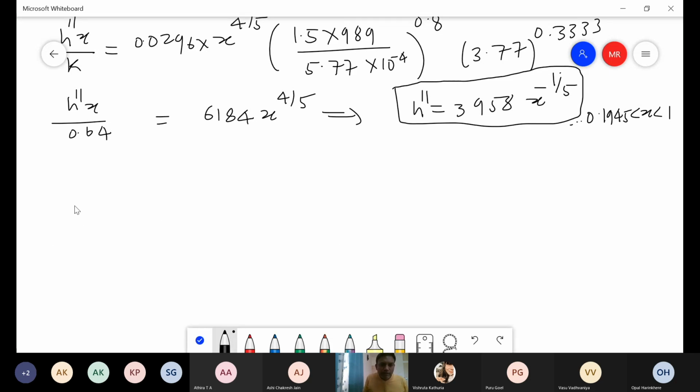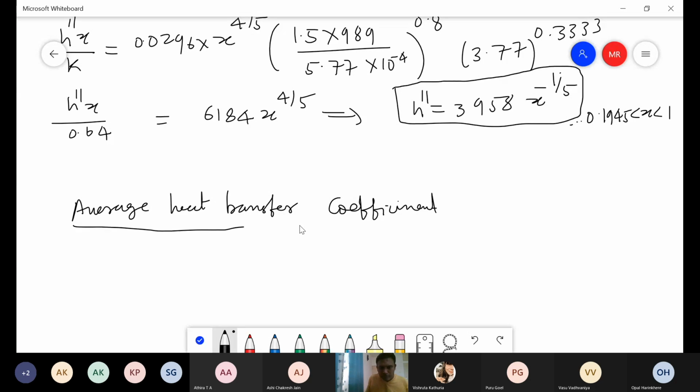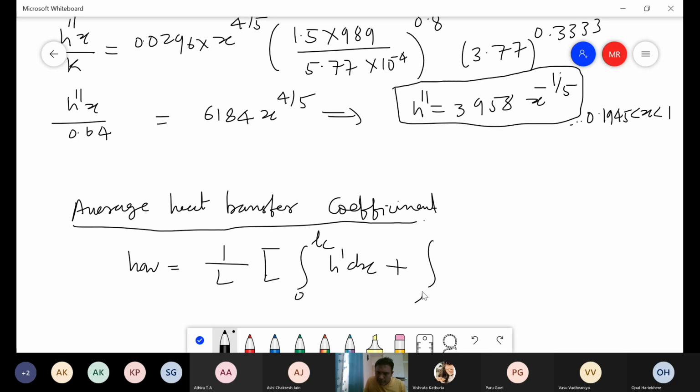The average heat transfer coefficient h average can be obtained as 1 by L, that is the length of the plate, times the integral from 0 to Lc of h' dx plus the integral from Lc to L of h'' dx. This expression we have to solve in order to find the average value of the heat transfer coefficient.